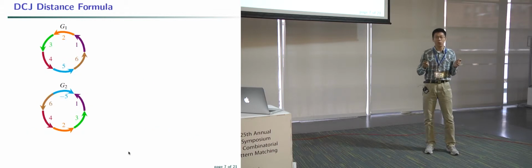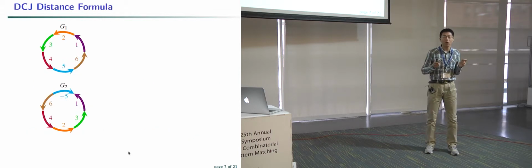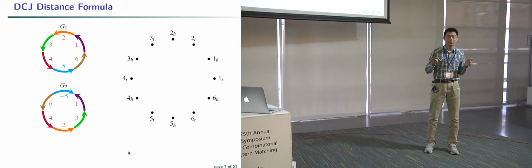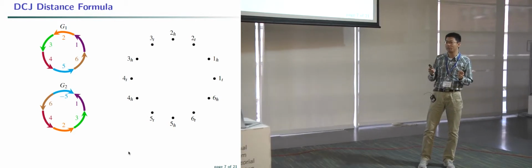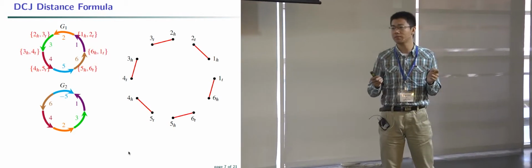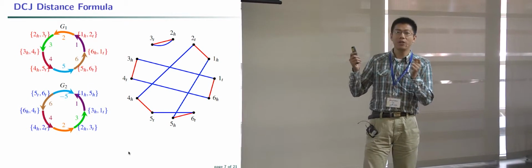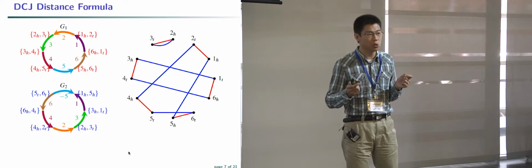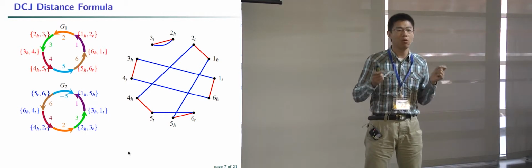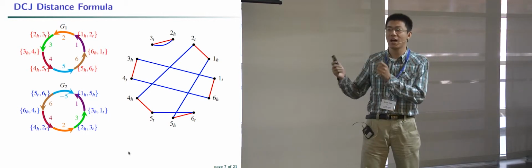Remember the graph representation of the genome? Now we can draw the two matchings together on the same graph, like this. Very clearly, in the graph, each vertex has exactly degree 2, so the graph consists of vertex-disjoint cycles.